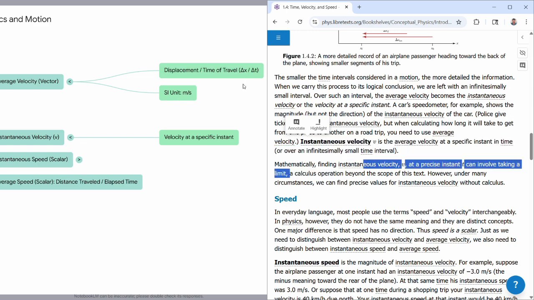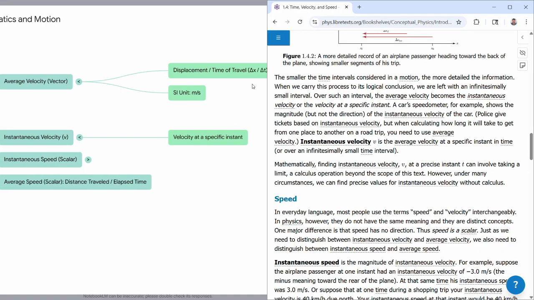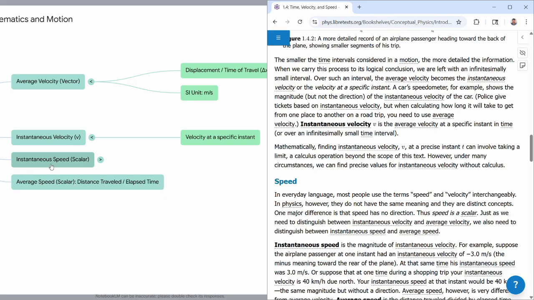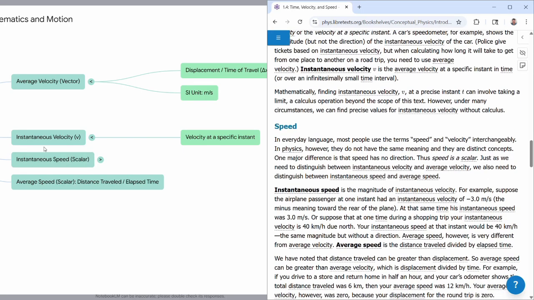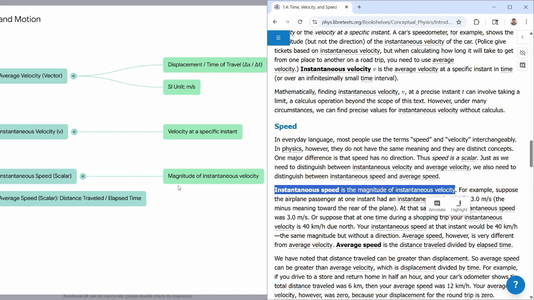And this being conceptual physics, we won't spend a lot of time on it, other than to say that instantaneous velocities are really nice to work with, especially later on when we look at causes of motion. And instantaneous speed is very simply related to instantaneous velocity. It's simply the absolute value, the magnitude, of the instantaneous velocity.